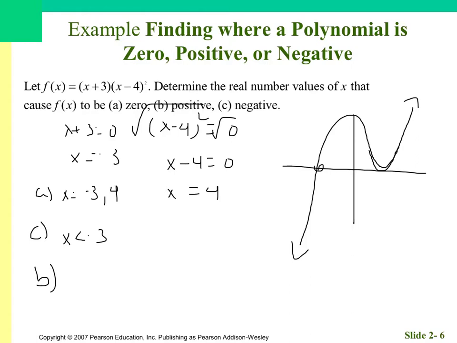Now B. B is tough because you got to go negative 3 is less than x and x is less than 4. And then, because 0 is not positive. Maybe they count it as positive, we'll see. But 0 is not a value.